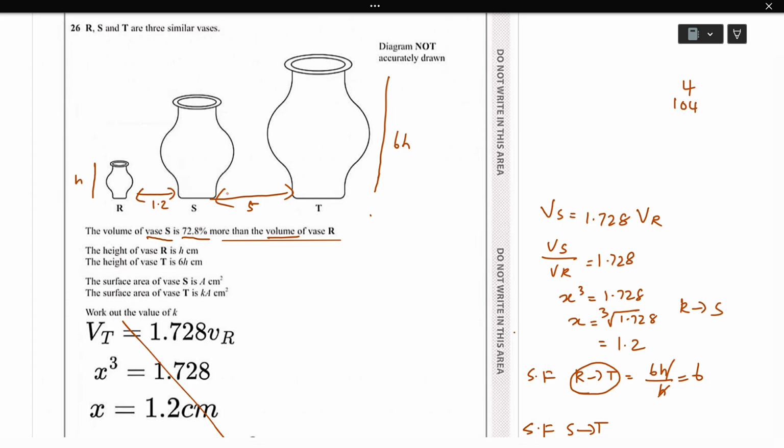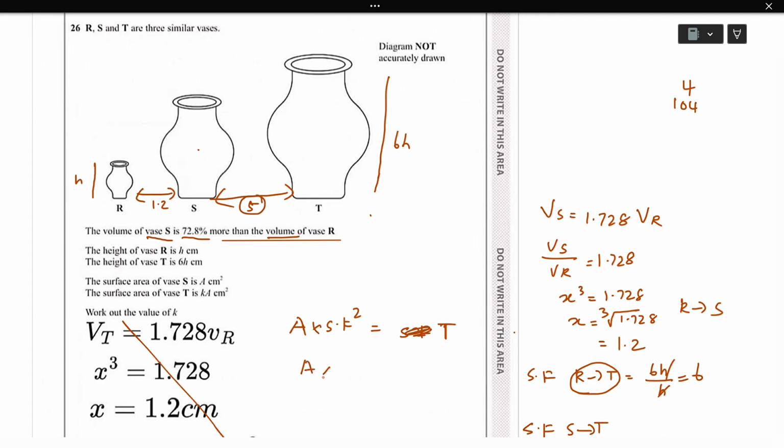Now the question says the surface area of the vase is A centimeter square. Now it's simple. This surface area is A. A times scale factor squared gives the surface area of T. The scale factor we already know is 5.